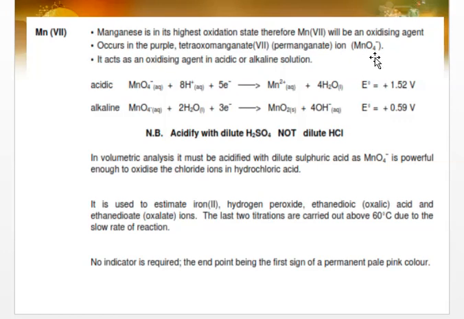What is tetraoxomanganate? It means here we have 4 oxygen atoms. It acts as an oxidizing agent in acidic or alkaline solution. In acidic, for example, you can see this equation of the reaction, we can prepare manganese 2 plus solution. But in alkaline, we will prepare manganese dioxide.